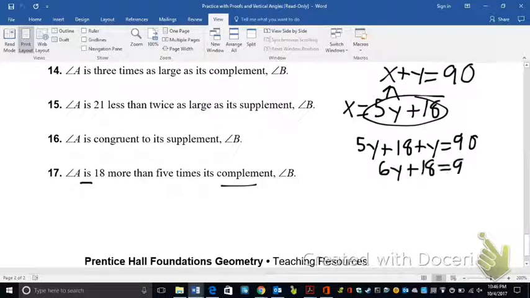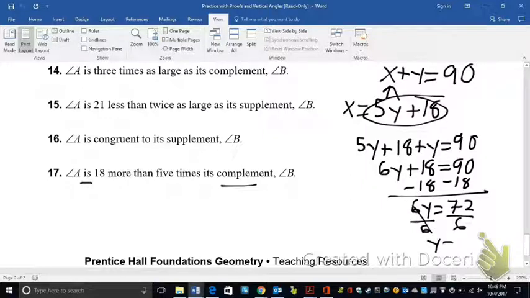6y plus 18 equals 90. We are going to subtract 18 from both sides. So we get 6y equals 72. Divide both sides, we get y equals 12. So we're halfway there. What we're going to do is go x plus y equals 90, because they're complementary.